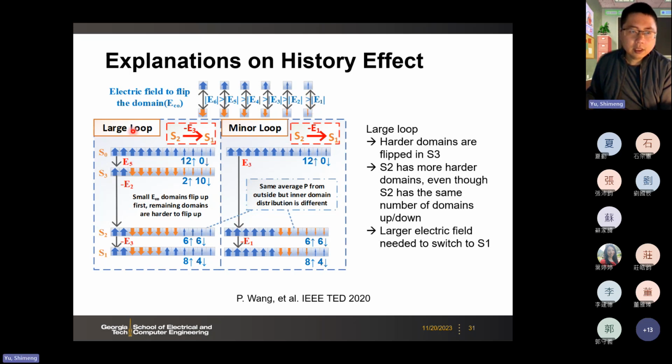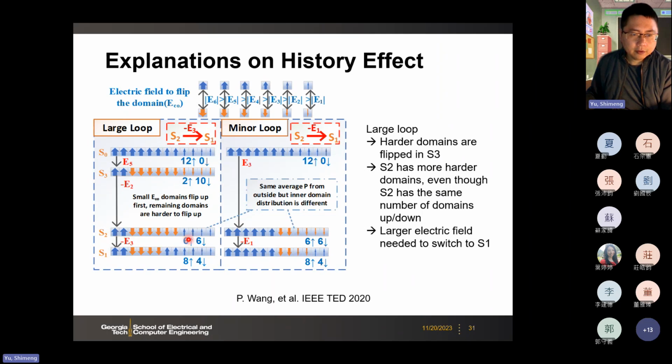Then in the larger loop, let's say we start from the ground state, all the dipoles up. Then you apply a large voltage and we flip 10 of the dipoles down, starting from the easiest one first, and then gradually flip 10 dipoles down. And then go to the S2 state.